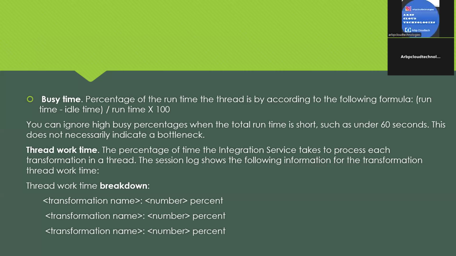The next point is busy time. Busy time is the percentage of run time that the thread is busy, according to the following formula.